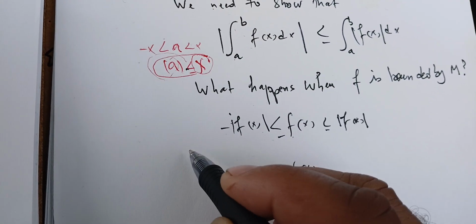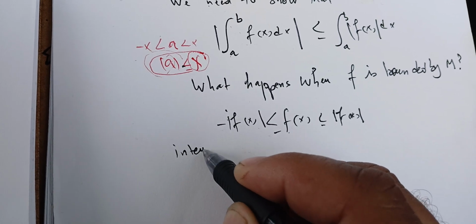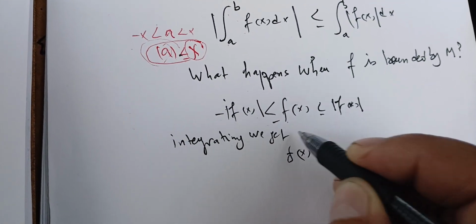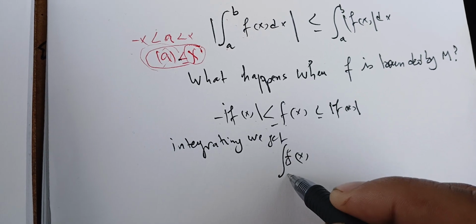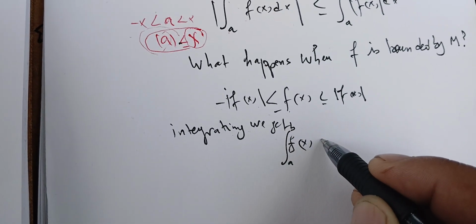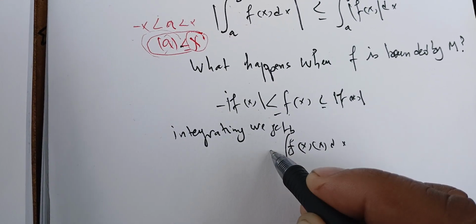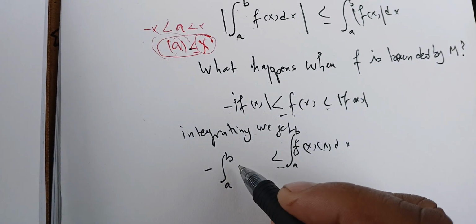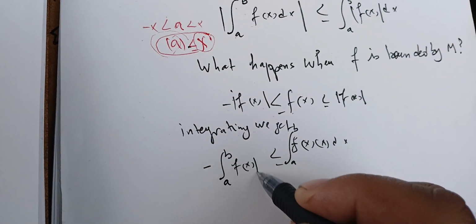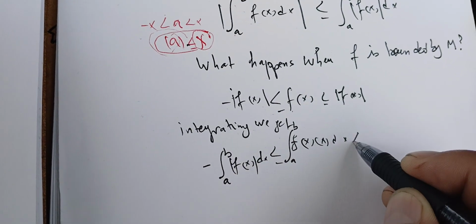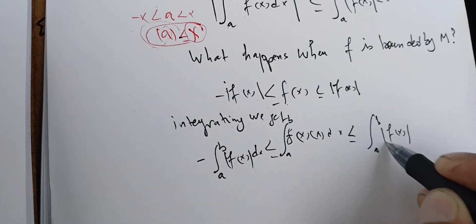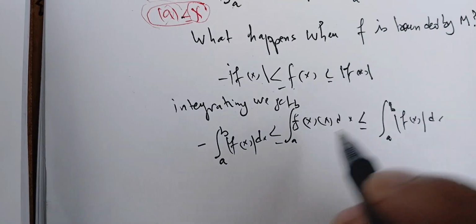So we're going to get the integral of f of x dx between a and b is bigger than minus the integral between a and b of f of x dx, and less than the integral of the absolute value of f of x dx between a and b.